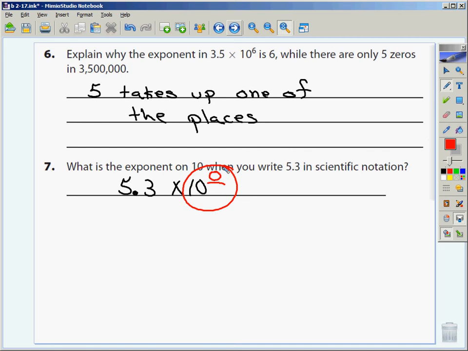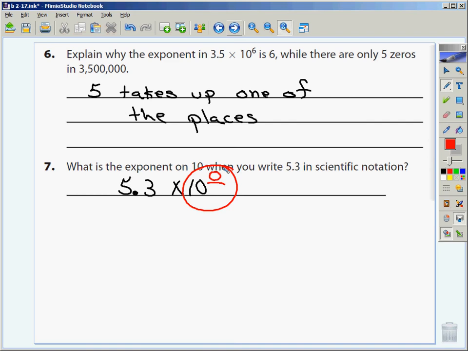Is that a number we would typically write in scientific notation? No. Why? Anybody know that? What do we write in scientific notation? Started the lesson this way. Very big or very small numbers.